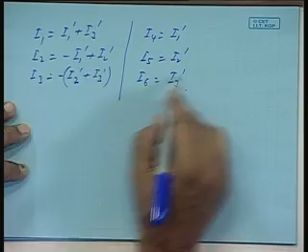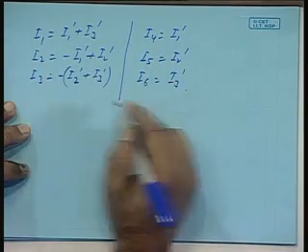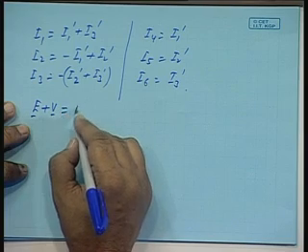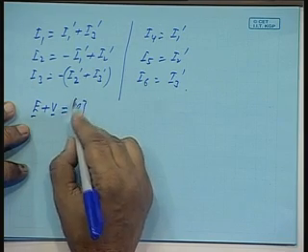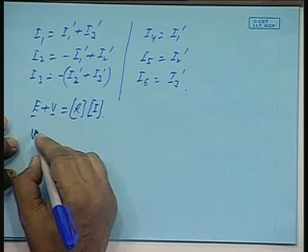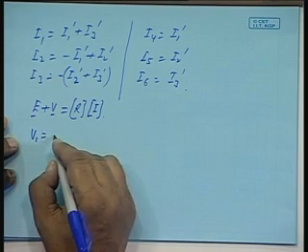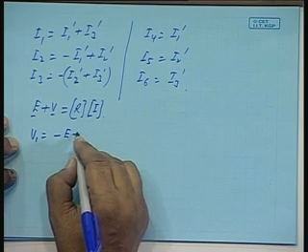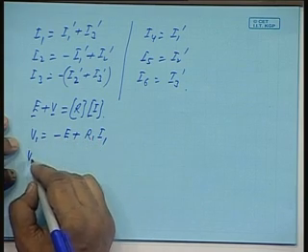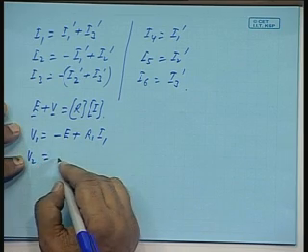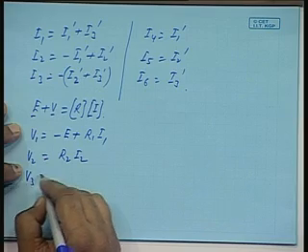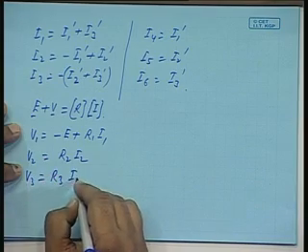So, after we have evaluated these branch currents, we apply the relationship that is V1 will be minus E plus R1 I1. V2, since there is no source connected, will be just R2 I2. V3 will be R3 I3.